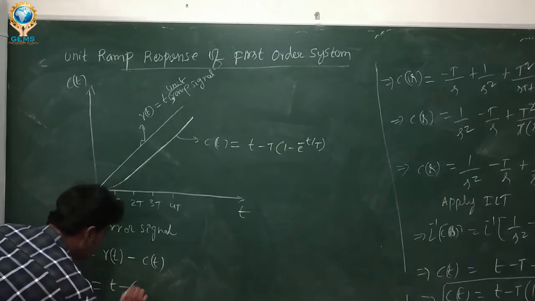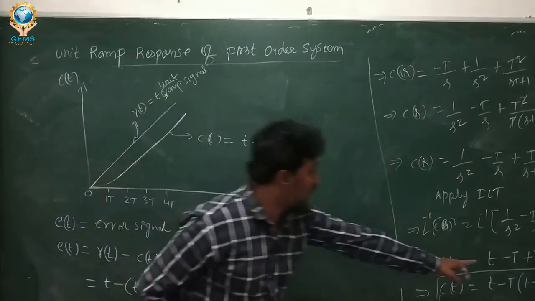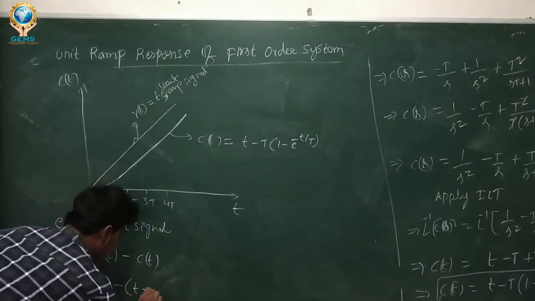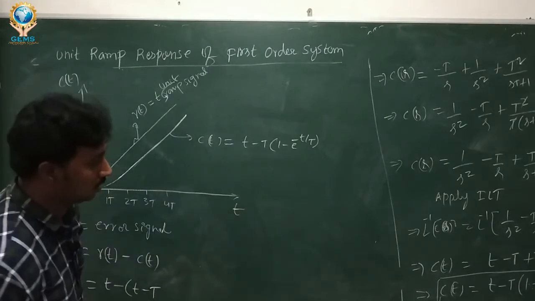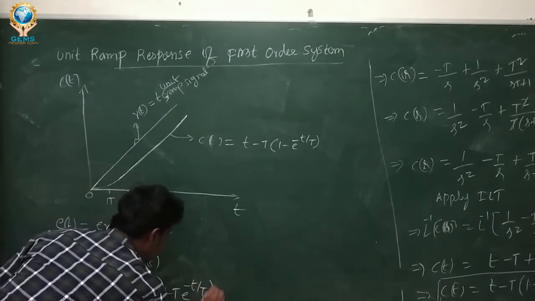So what is c of t? C of t is equal to t minus T times (1 minus e raised to minus t by T).